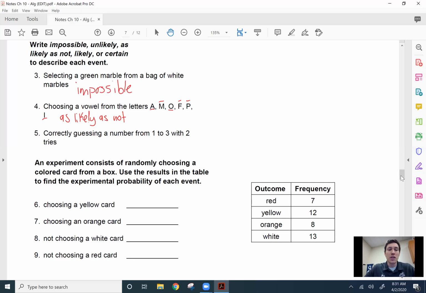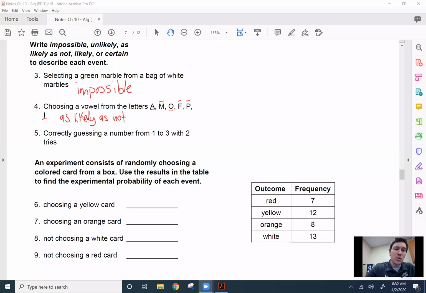Correctly guessing a number from 1 to 3 with 2 tries. Took me a second to understand what it was actually asking there.